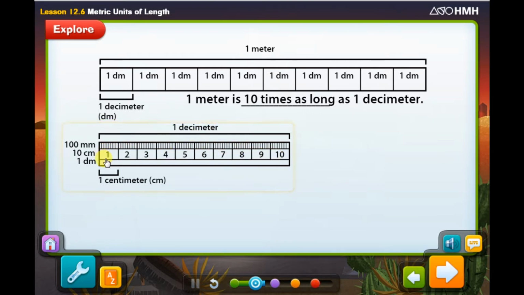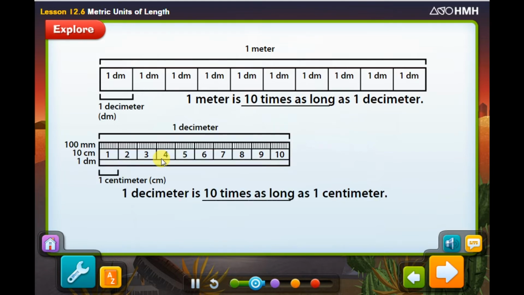This means that the decimeter is 10 times a centimeter, and times here means multiplying. So you multiply by 10 to find how many centimeters. There are 10 centimeters in 1 decimeter. So 1 decimeter is 10 times as long as 1 centimeter.